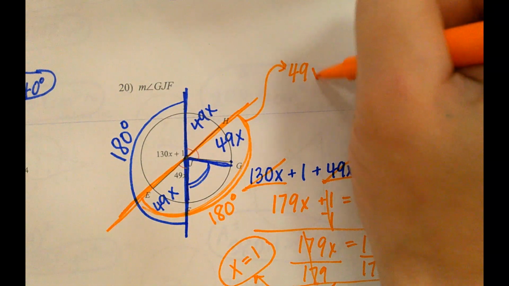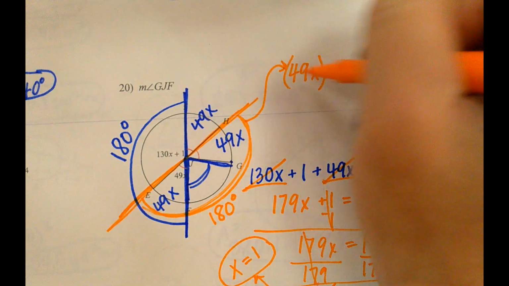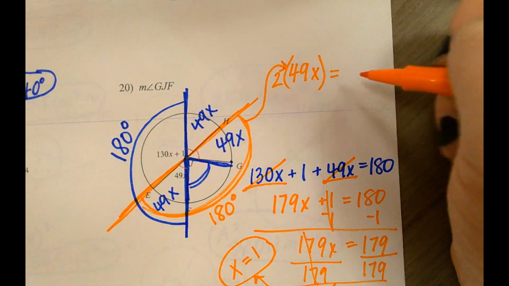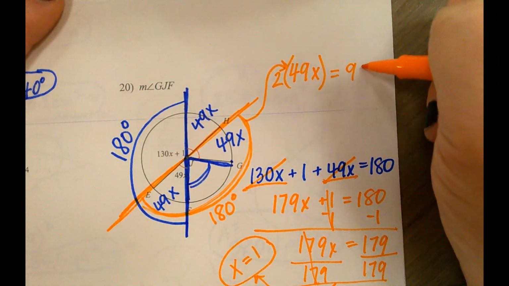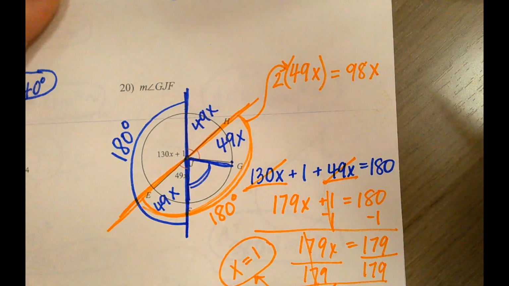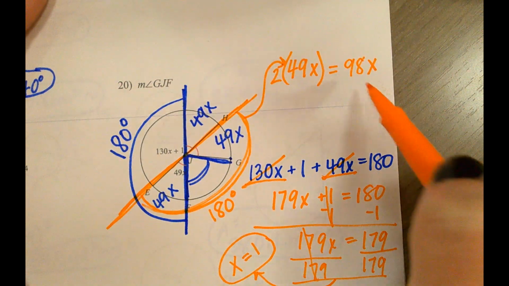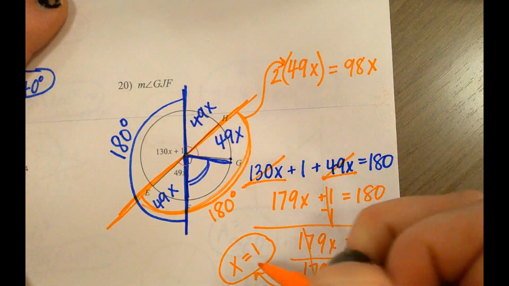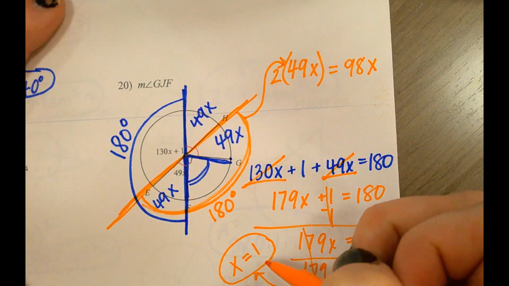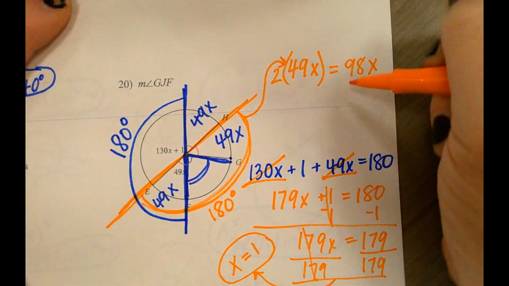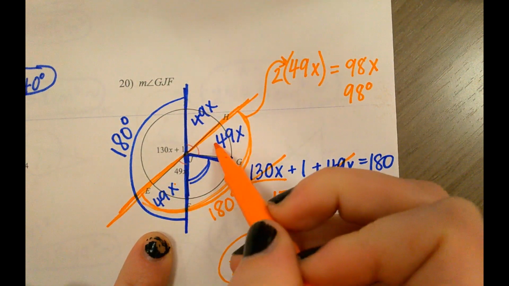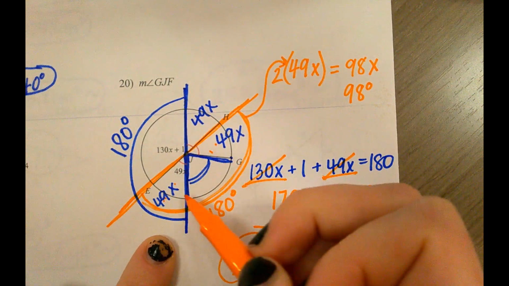Plus 49 x's, basically times 2, equals 98x. Okay, so I have 98x, and I know what x is. It's 1. 98 degrees. So we have 98 degrees between these two angles.